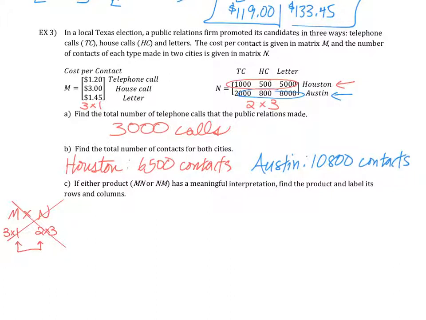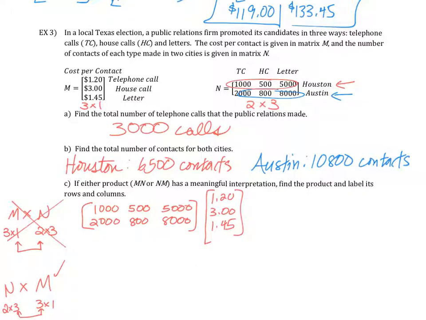However, if we write down N times M, we know this is a 2 by 3 and this is a 3 by 1. These match, so we can multiply them as long as they're in this order, N times M. So here are the matrices set up in this particular fashion.